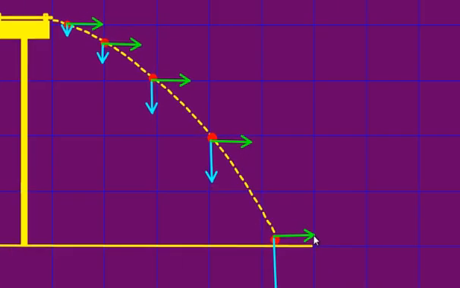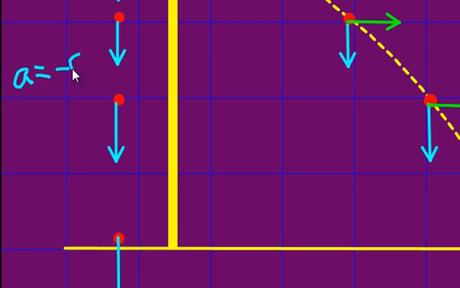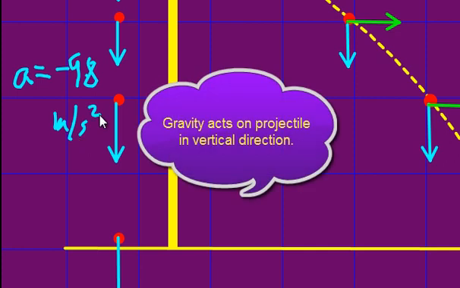So we can write that as follows. Perhaps I'll stick to the color coding. We'll say a equals 0 in the x direction, but in the y direction, a equals negative 9.8 meters per second squared, just as usual.